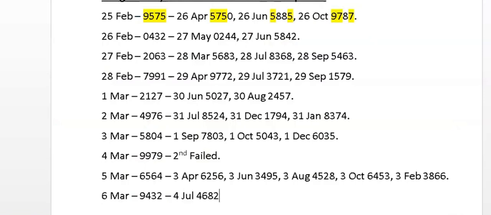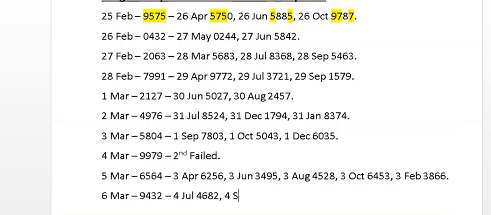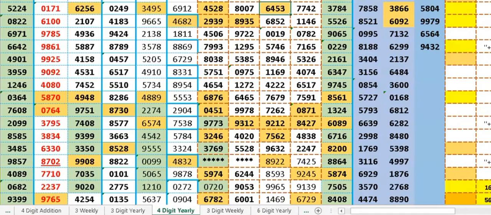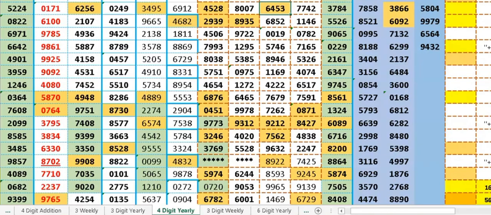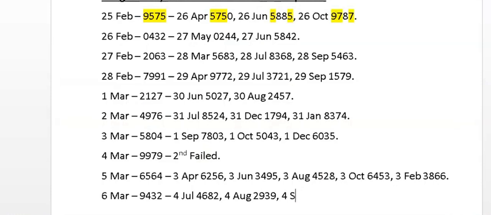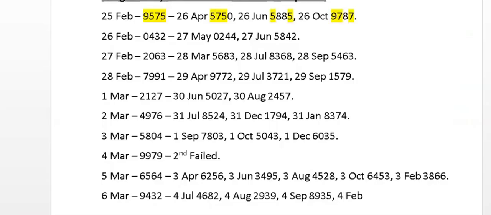All the ones highlighted in orange are the ones that are updated for the sequence here. Even the one for today I've updated: 4682, 2939 and 8935 from the 4th of September, 4th of February, 6092.